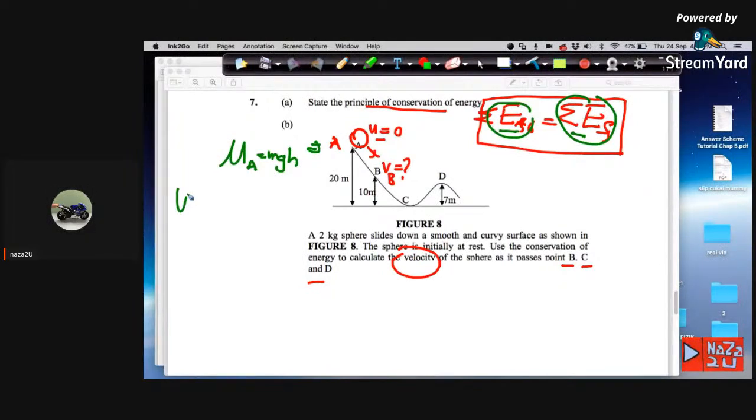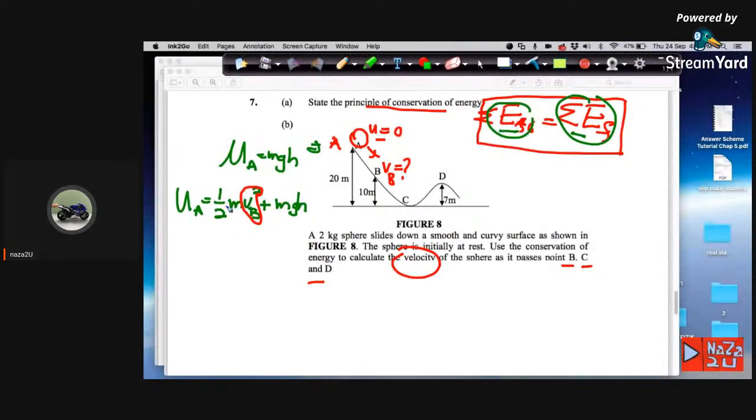Sampai di point B dia bergerak, so dia ada tenaga kinetik half mv square dekat point B. Dan pada masa yang sama, dia juga ada tenaga keupayaan because ada ketinggian kan. This is 10 meter. Jadi mgh. So sekarang ni kita nak cari berapakah VB.